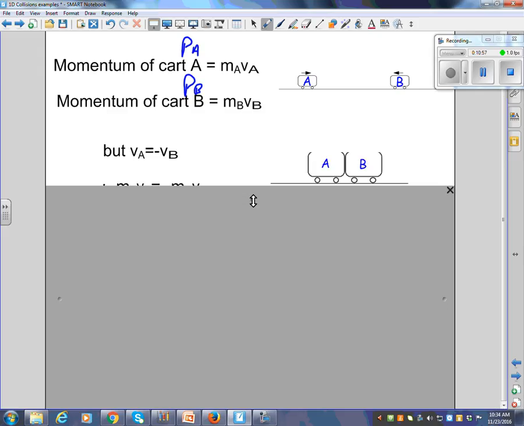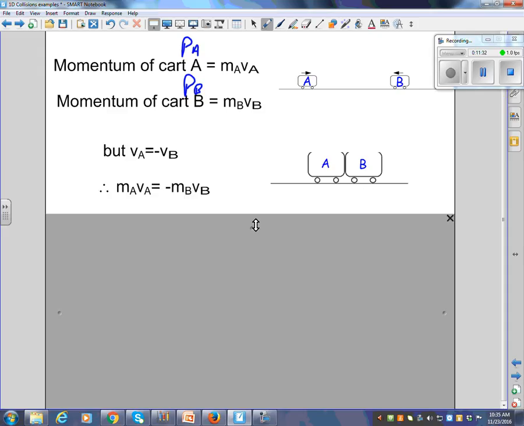Would you agree that velocity A is equal to negative velocity B? If A is to the right, which is positive, velocity A is, we'll say, plus 5. If this is minus 5, well then minus B would be plus 5, right? So VA is equal to minus VB. They're equal but opposite.